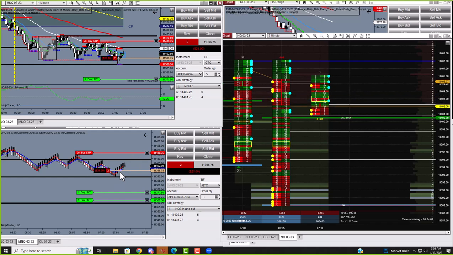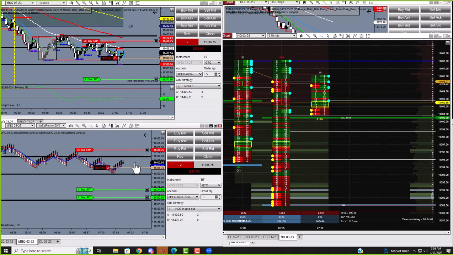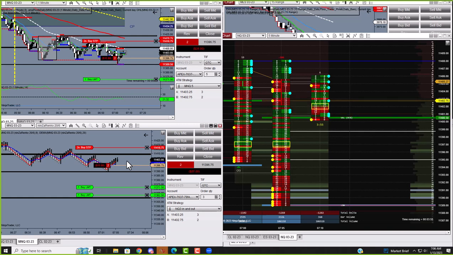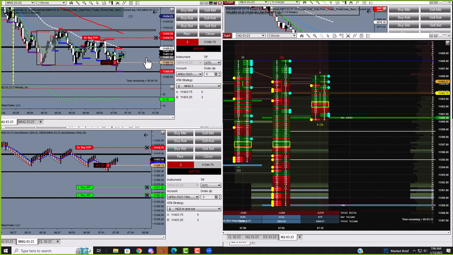So hard to buy with this many sellers sitting above you. But it's just a fact that we know we're coming into opening here in 30 minutes. Bringing my stop down tighter.